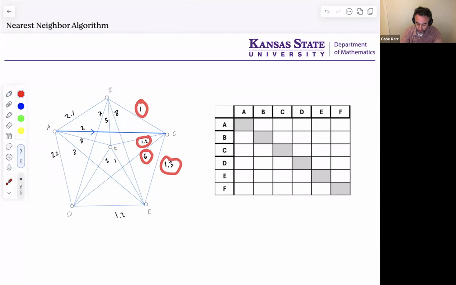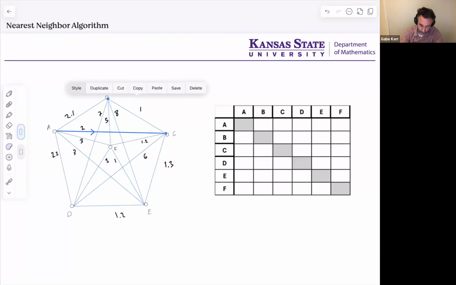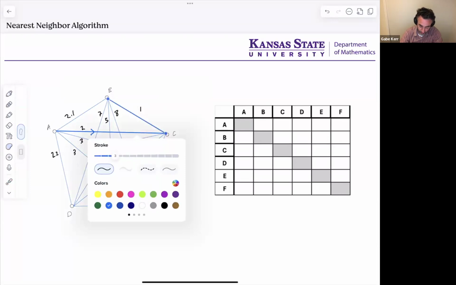So here we find the smallest number that we can, which in this case is 1, and we follow that edge. Okay, so we'll go here.